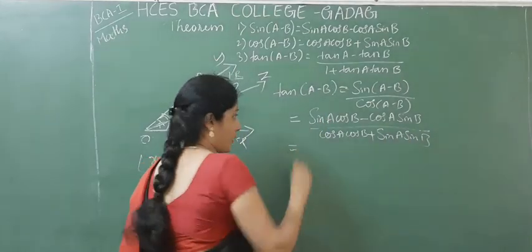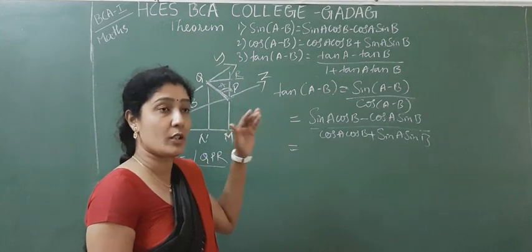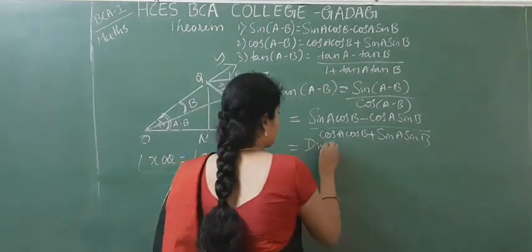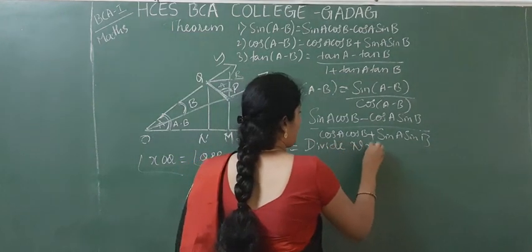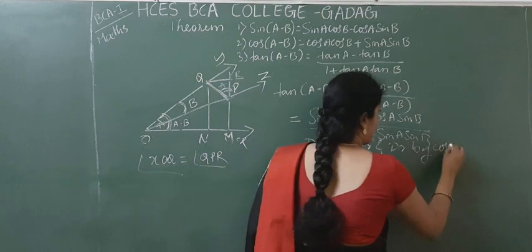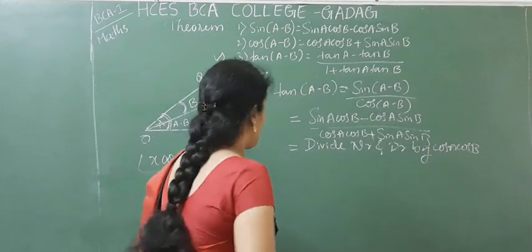Okay. So now as usual, divide and multiply. Divide the numerator and denominator by cos A cos B. Then what you will get?